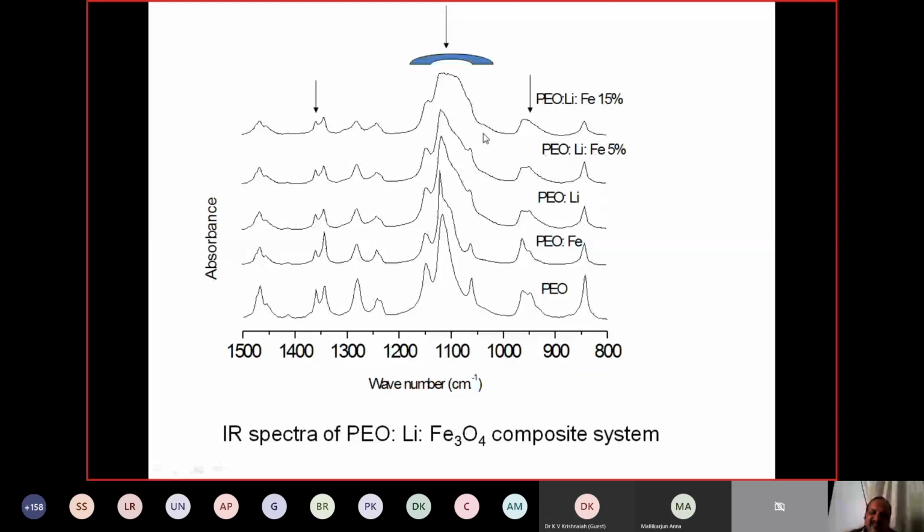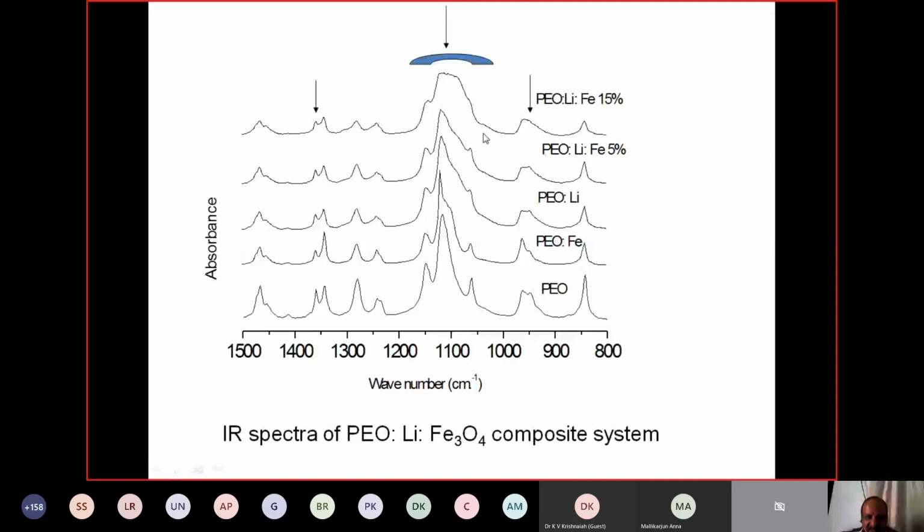So even we studied between the 6, 10. When we increase this, the peak value decreases. That means more lithium cations are available, that means free ions are available.